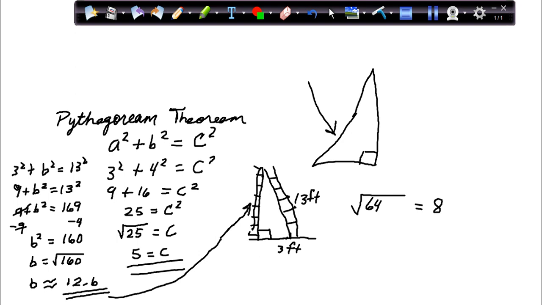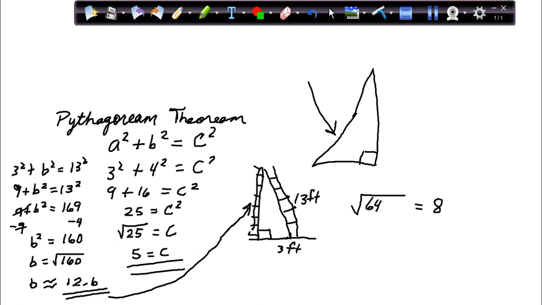Okay, so that's the end, but we have a little bit more at the top. If you're looking in your book, look at the top of page 393, and it gives you a couple of notes. Some right triangles display special proportions, which are worth memorizing. A right triangle whose angles are 45, 45, and 90 degrees displays the following relationship: leg, leg, hypotenuse equals x, x, x square root 2.